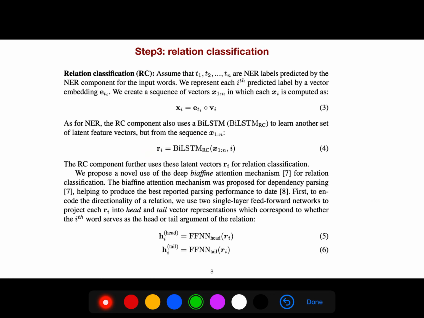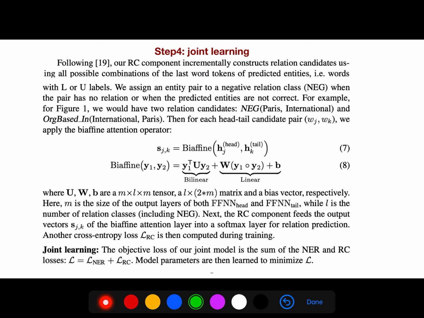After that, we do relation classification, and for that we need two feed-forward neural networks, one of them for head. It's exactly the same, with the same analogy to the article of Professor Christopher Manning at Stanford. So it's not new, everything is like dependency parsing, but we are doing it for relation extraction.